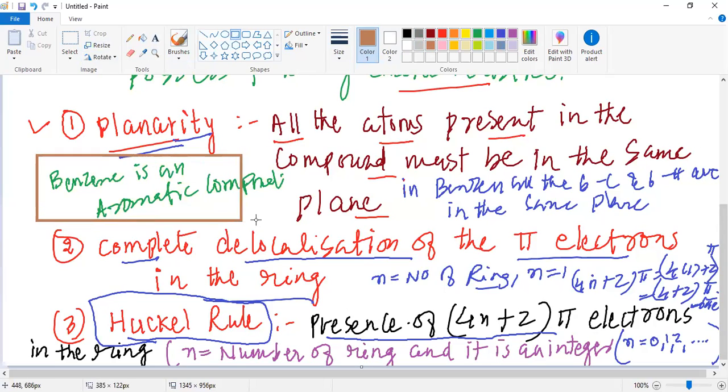Because, my dear student, benzene has planarity, all the atoms present in the same plane. Benzene has complete delocalization of its pi electrons, and benzene follows the Huckel rule, having 4n plus 2 pi electrons. Benzene has 6 pi electrons, and that is how we can say that benzene is an aromatic compound.